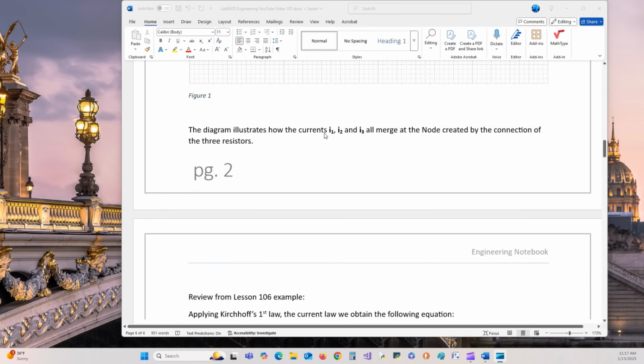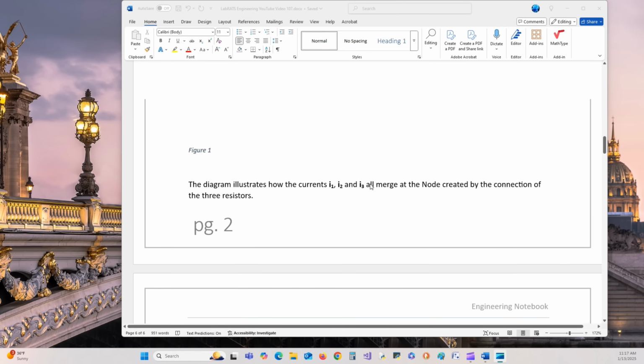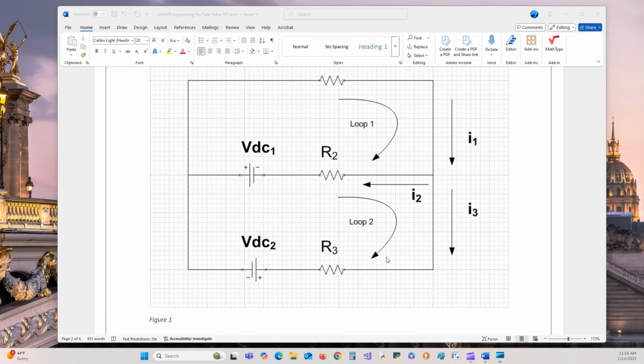So that equation becomes negative R3I3 minus VDC1 minus VDC2 plus R2I2. And again, this is negative. This comes out positive. Negative to positive be plus R2I2. Coming through here, we have loop 2.